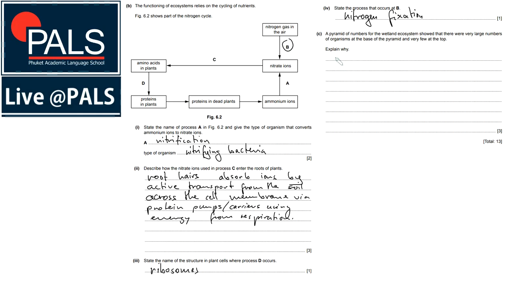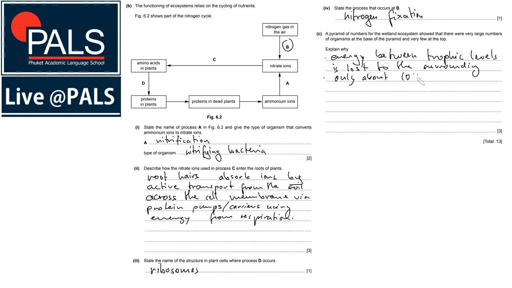Now this is because energy between trophic levels is always lost to the surrounding. Now this is the 10% rule.